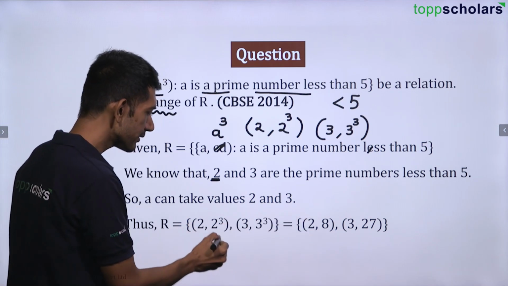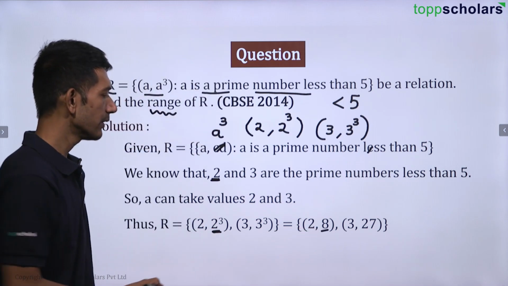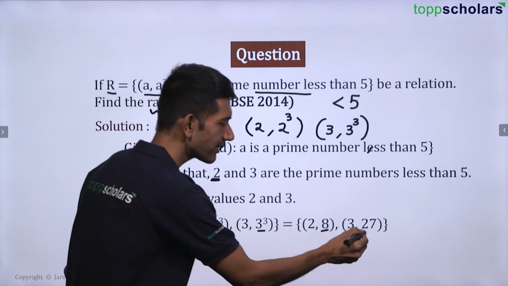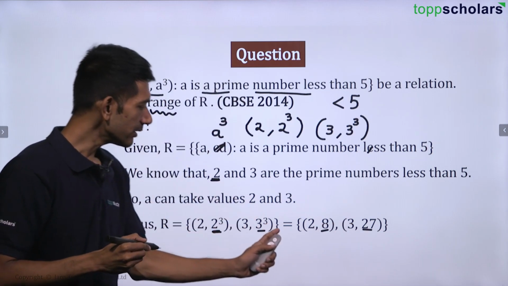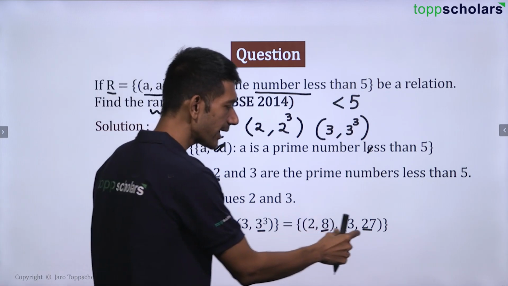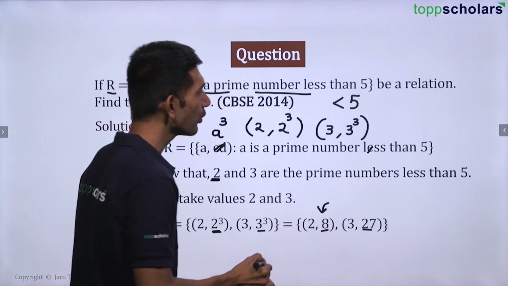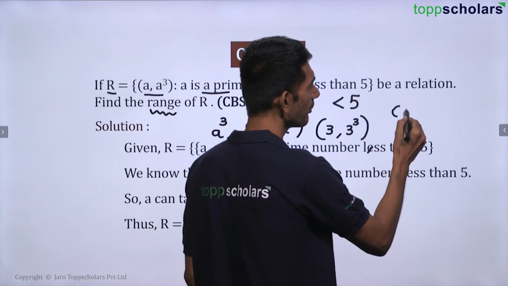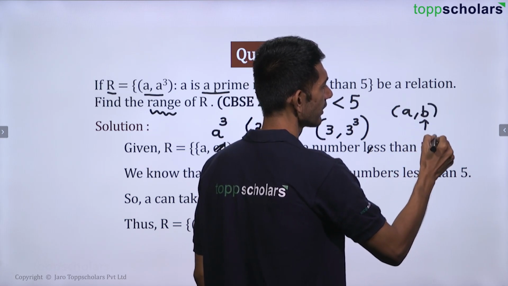2 will remain as it is. 2 cube is how much? 2 cube is 8. 3 cube is how much? 3 cube is 27. Now observe, in this set R, we have two ordered pairs. Which are the two ordered pairs? 2 comma 8 and 3 comma 27. So this element, as I told you before, if we have A comma B, then this is our range.